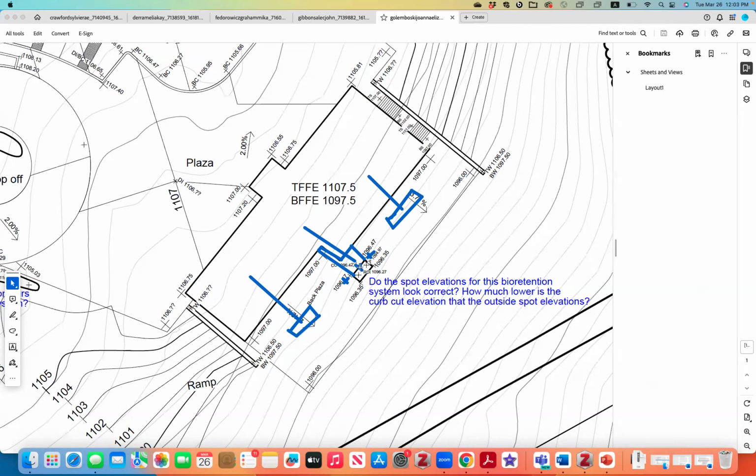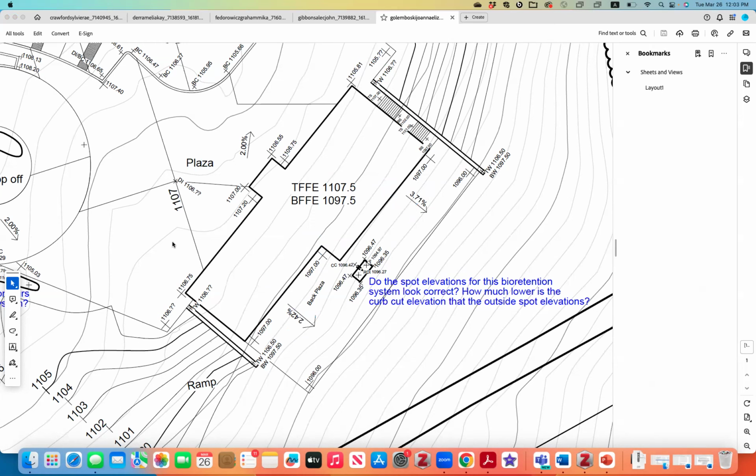You wouldn't have a curb cut. So you only need these spot elevations at the corners of this rectangular feature. Okay, so that's that one. Anything else? You have to draw that line into the drainage areas, lower plaza. Draw the line from the roof? Yeah.